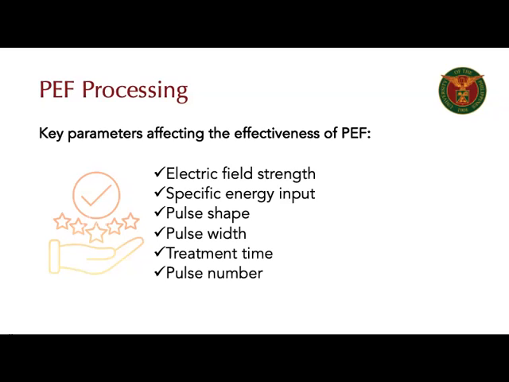You can also look into the effect of pulse shape: unipolar, bipolar, exponential, or square wave pulses. And you can also play around with pulse width, treatment time, and pulse number. But when you look at the literature, among all of these, the first two, electric field strength and specific energy input, were reported to have the greatest impact and to cause great changes as an effect of PEF treatment, okay?